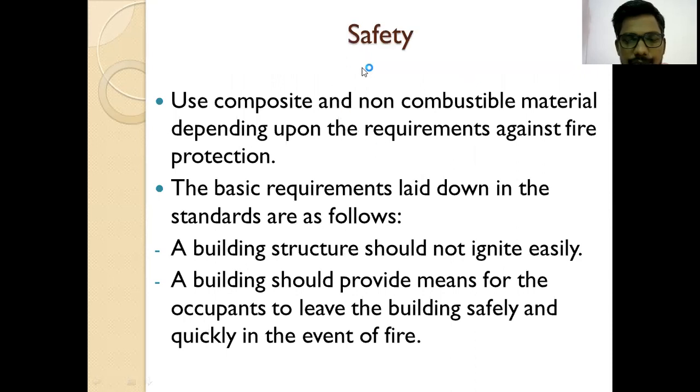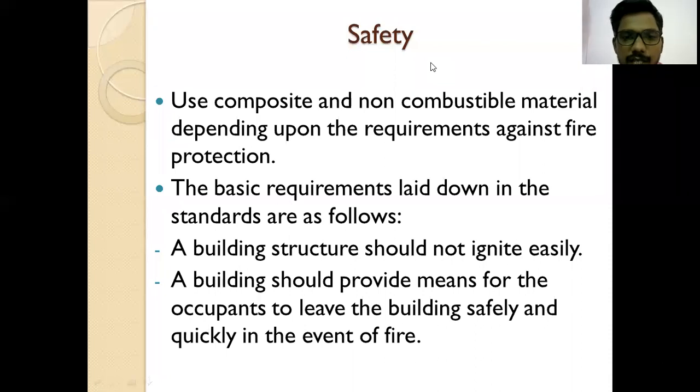Then after that, the next point is safety. Here I have already discussed the characteristics of the material. Whatever kind of material we use for construction should have good characteristics as well as good qualities.